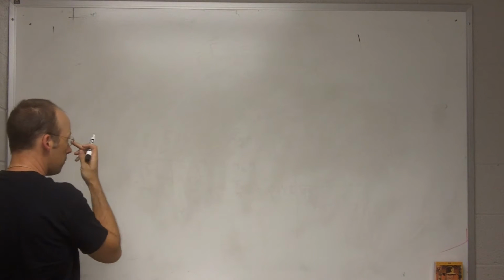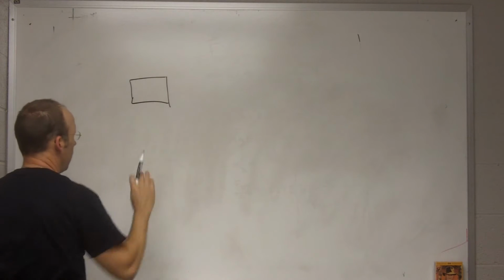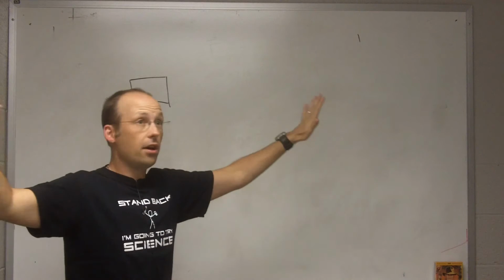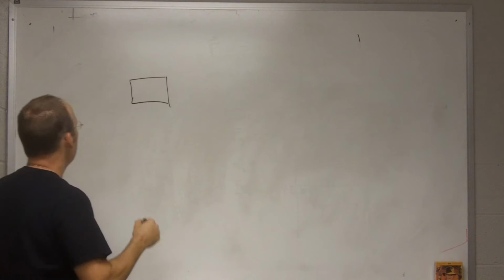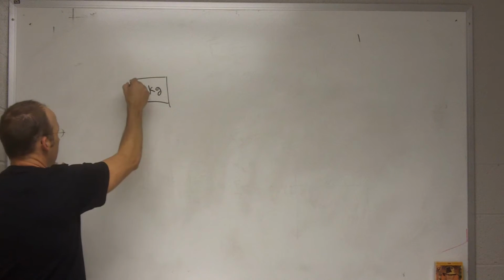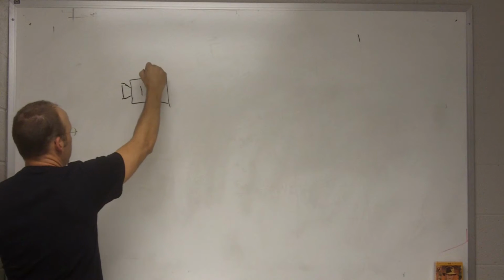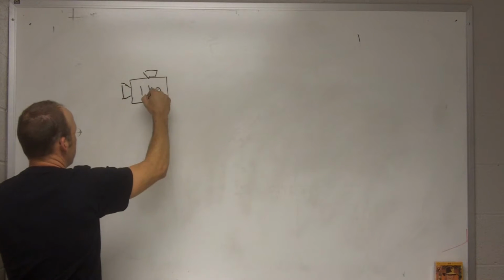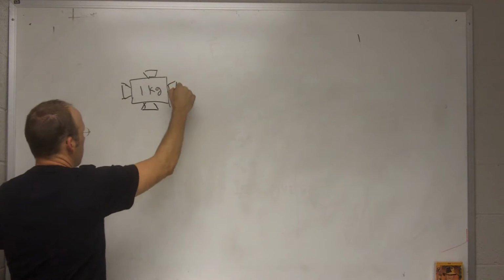So let's suppose we're out in space, not in orbit, but just there's nothing around. There's no gravitational forces at all. And I have a little model rocket that's just 1 kilogram, and it has little thrusters on all the sides, so you can fire them and make it move around.